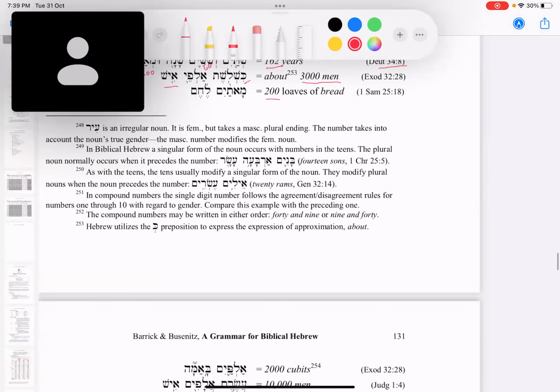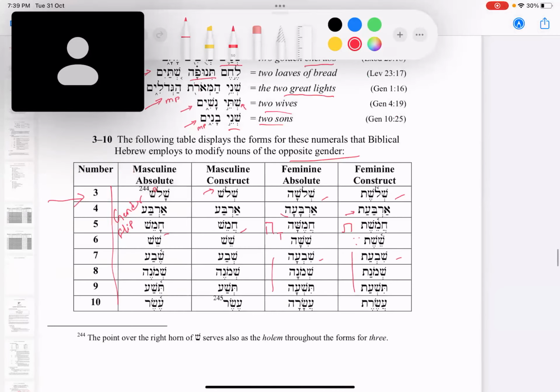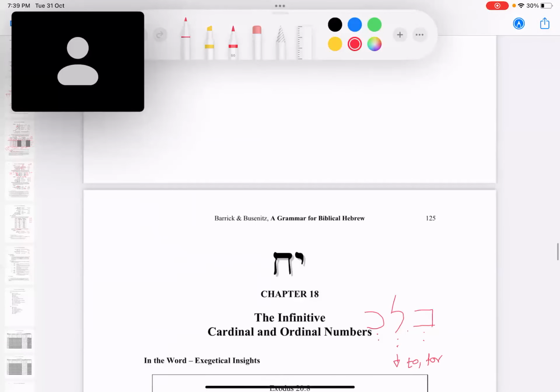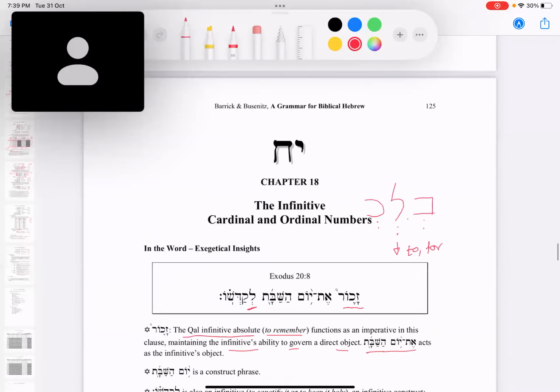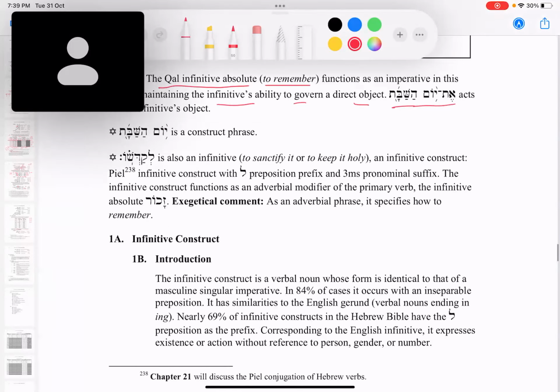So soon we will finish this intermediate, advanced level course. So let's start with the infinitive and cardinal and ordinal numbers.